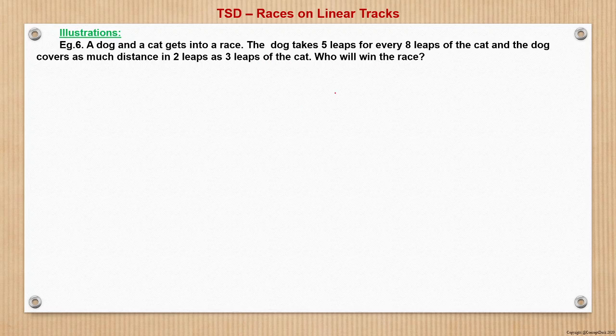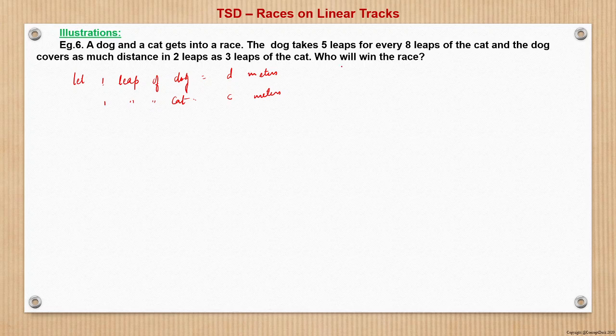So there is a dog and there is a cat, right? So we will assume that 1 leap of the dog is equal to d meters, and 1 leap of the cat is c meters, just for clarity.